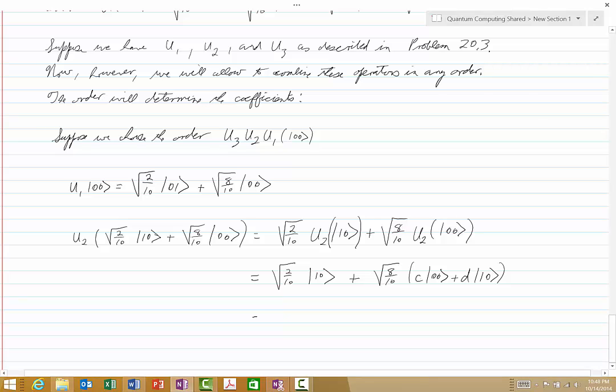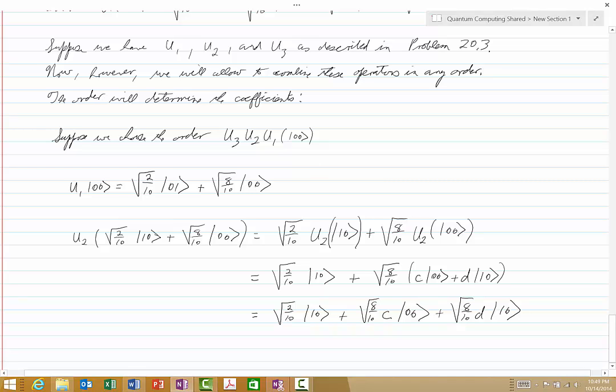And if I now go one more step, I'll get square root of 2/10 1, 0 plus square root of 8/10 C 0, 0 plus square root of 8/10 D times 1, 0.